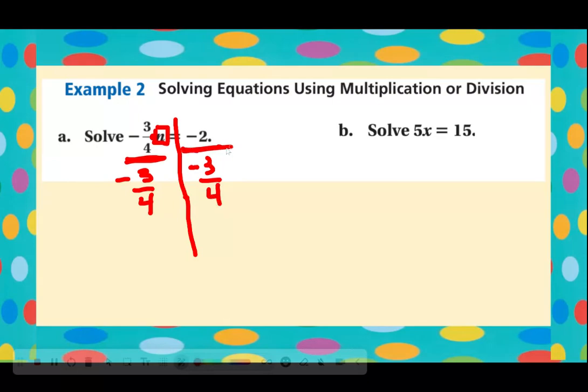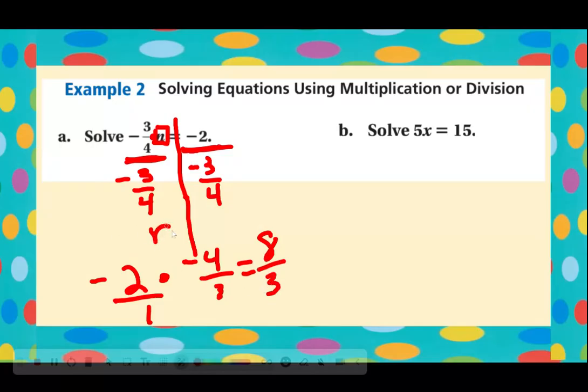When you divide by a fraction, you keep, change, flip. So negative 2 times negative 4 over 3. I'm just going to put a 1 under the 2. Negative 2 times negative 4 is positive 8, and 1 times 3 is 3.